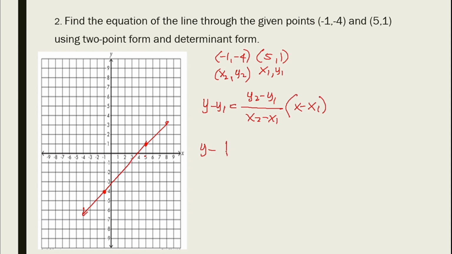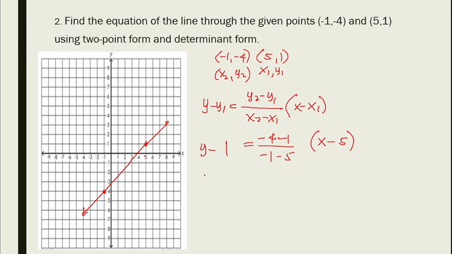The next part is y sub 2, which is negative 4, minus y sub 1, which is 1, over x sub 2, negative 1, minus 5, times x minus x sub 1, which is 5.